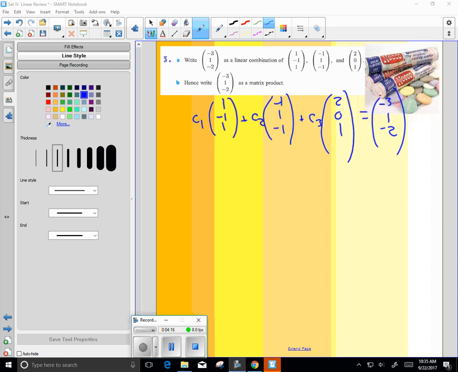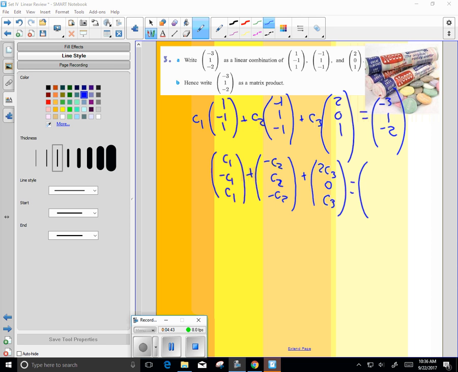You're finding the constants: when you multiply these constants by these vectors, you're going to get this. So if you multiplied those through, you get C1, negative C1, C1, plus negative C2, C2, negative C2, plus 2C3, 0, C3, equal to negative 3, 1, negative 2.